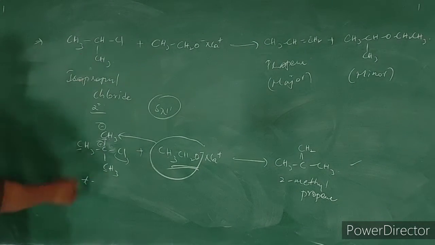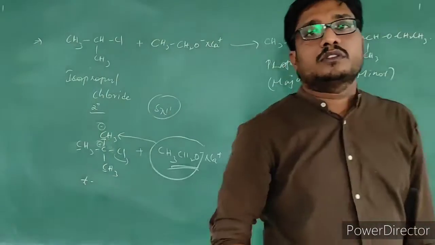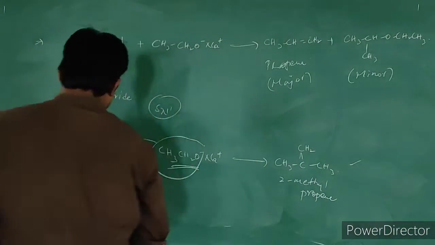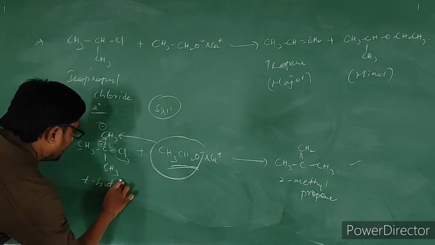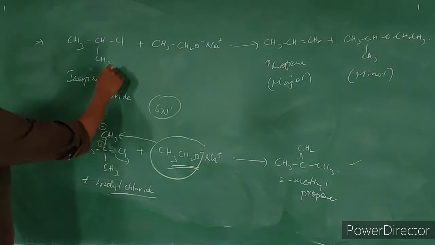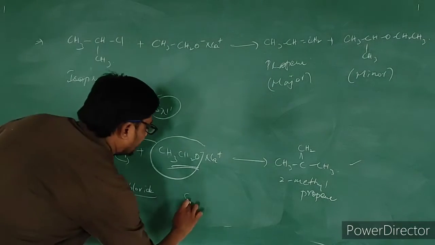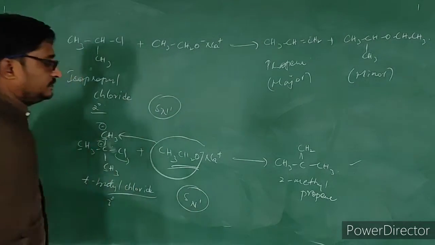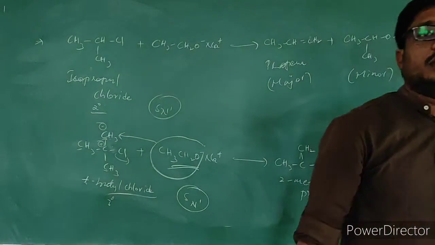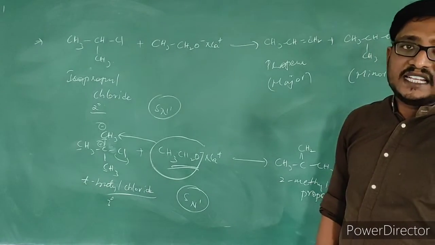In case of secondary alkyl halide, along with alkene, ether will also be produced but in less amount. The reason is that both secondary and tertiary alkyl halides follow SN1 mechanism. That is why alkene will be the major product when we are considering secondary and tertiary alkyl halides as the reactants.